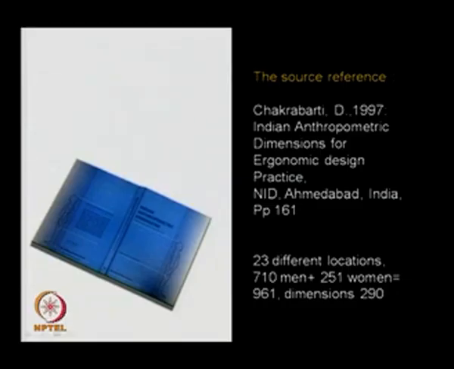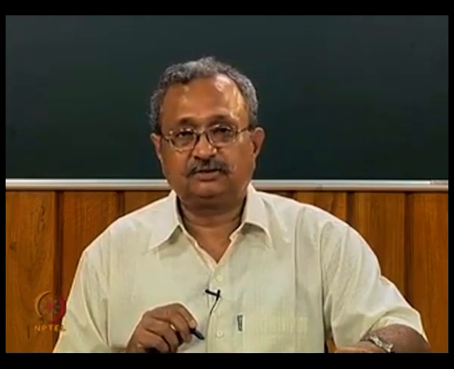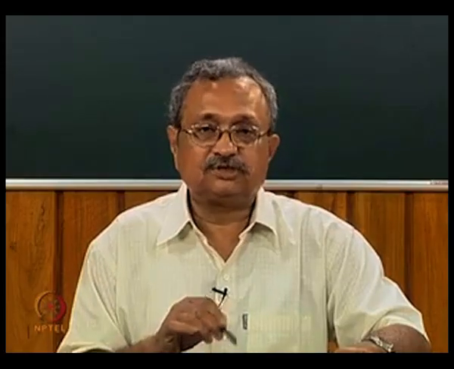Here 23 different locations in India are covered, 710 men and 251 women were measured, total 961 males and females, and total dimensions measured were 290. This book is still available at the National Institute of Design, Ahmedabad, and most of the dimensions and data we discussed are taken from this book.